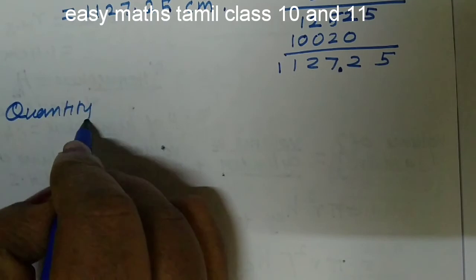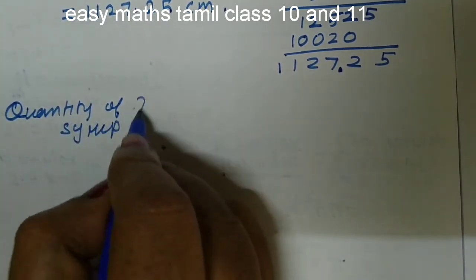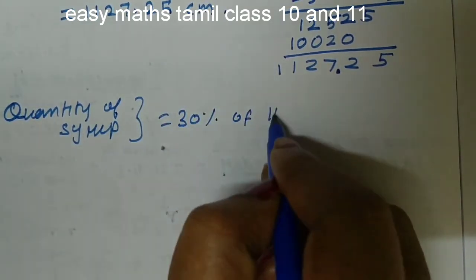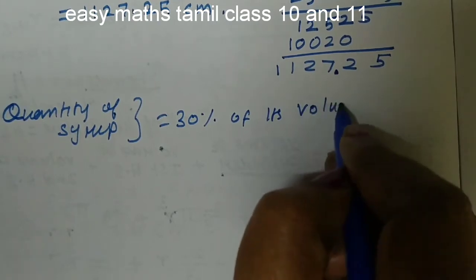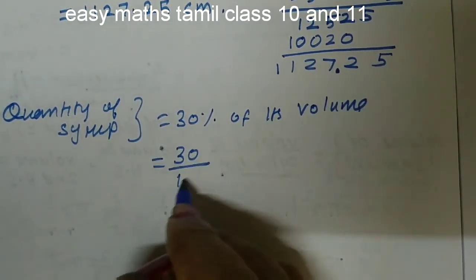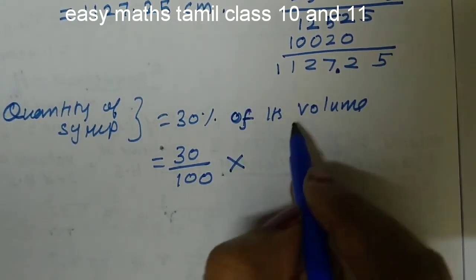Now the quantity of syrup equals 30% of its volume. So 30% is 30 by 100 of its volume, which means we have to multiply the value.